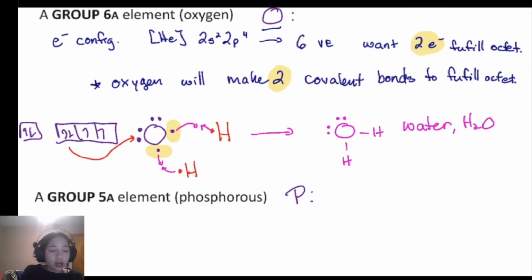Great. So again, we can check our work and see, do each of the atoms have their octets filled? Look at oxygen. Remember that we have 2 electrons in each of these bonds. So if you count 1, 2, 3, 4, 5, 6, 7, 8, oxygen's fine.